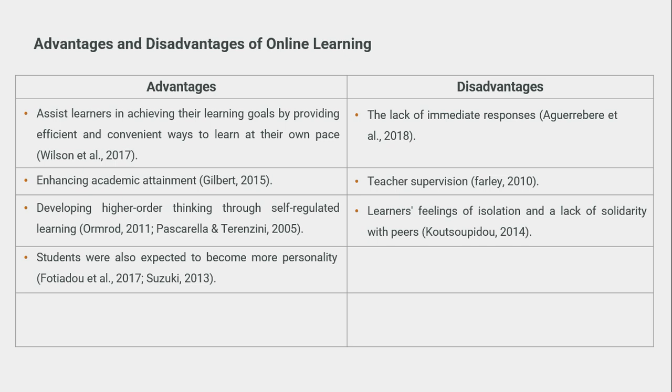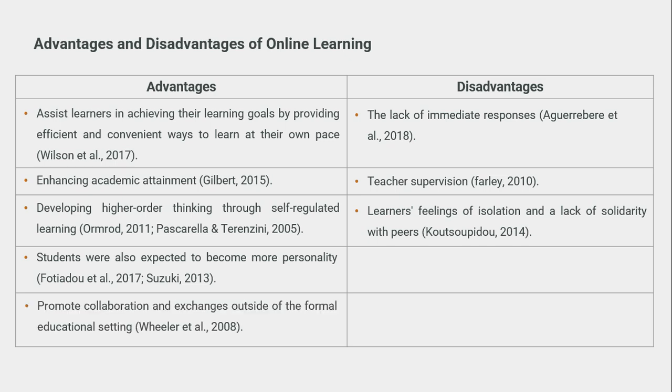Other research, on the other hand, found that online learning might promote collaboration and exchange outside of the formal educational setting, since virtual classrooms, online conversation, and social networking enable serendipitous interaction, according to Weller et al. 2008.